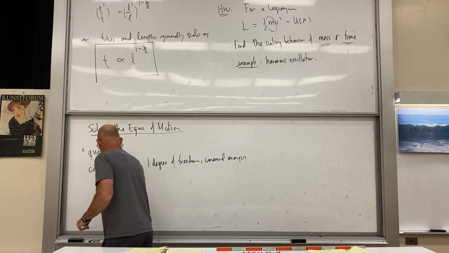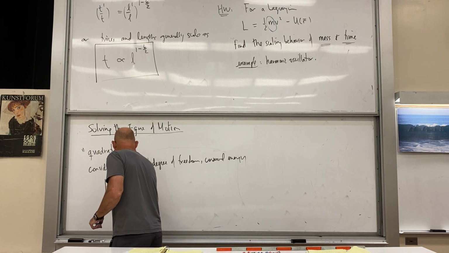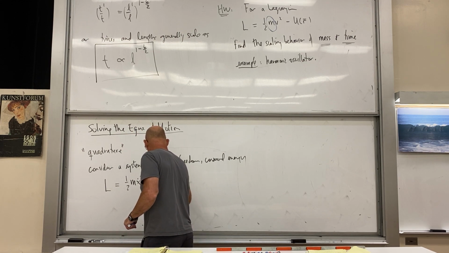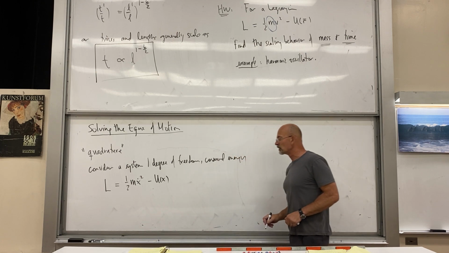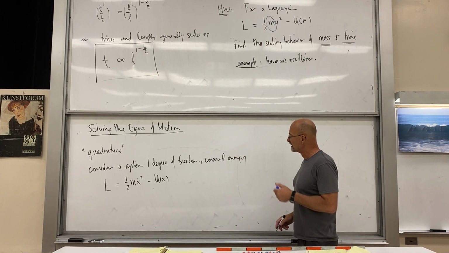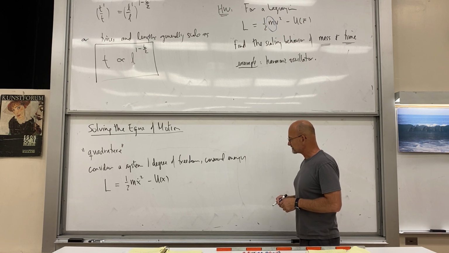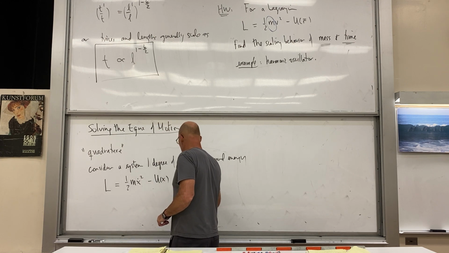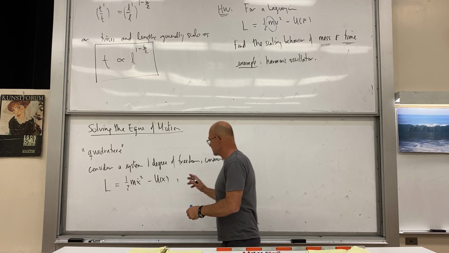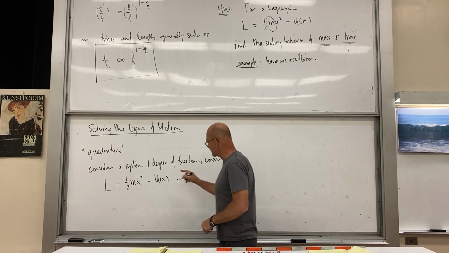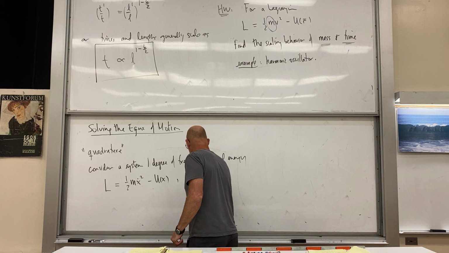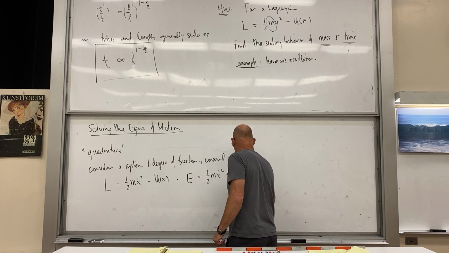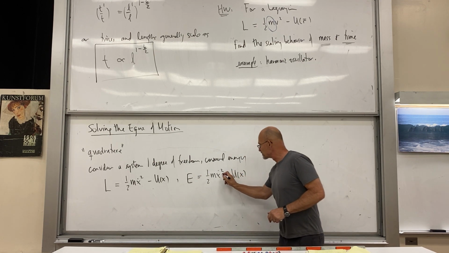L is equal to 1/2 m x dot squared minus U of x. That's not the most general one. We just had a more general one last time, but that's good enough. We could differentiate that and get the equation of motion, but since energy is conserved, E is simply 1/2 m x dot squared plus U of x, and this is a first order differential equation.